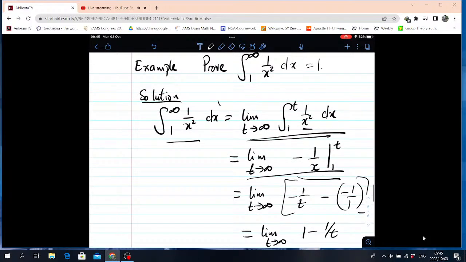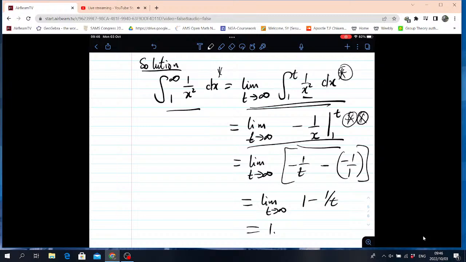If I call this star, and then this star star, which one do you mean? Here we just use the definition that we have been given in type 1 improper integrals, and then from there we just integrated 1 over x squared.